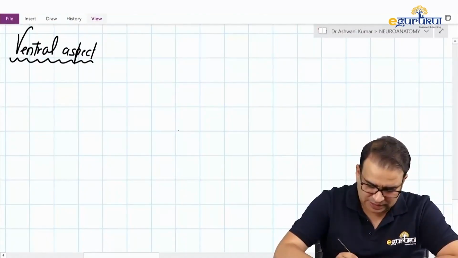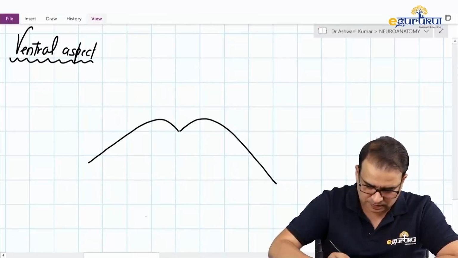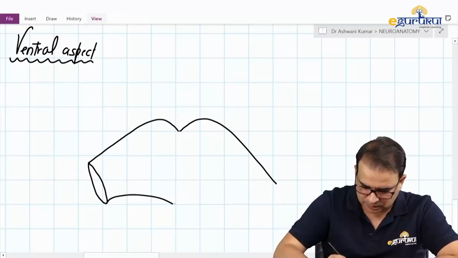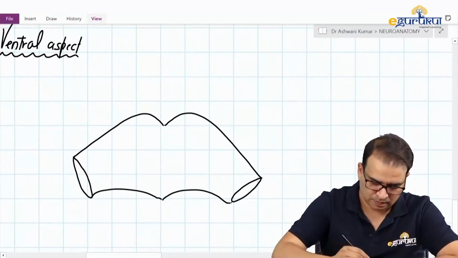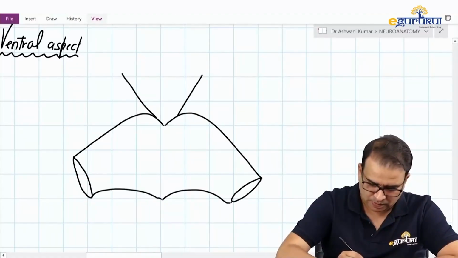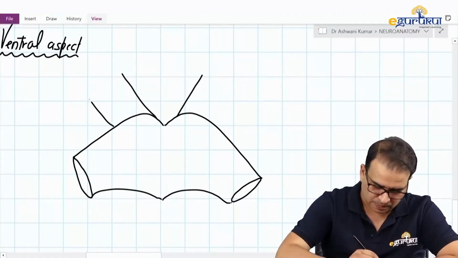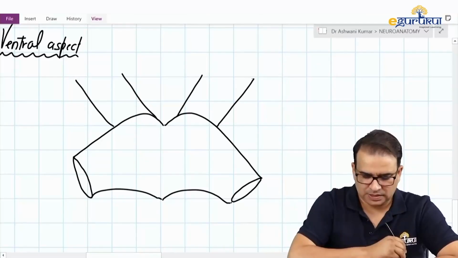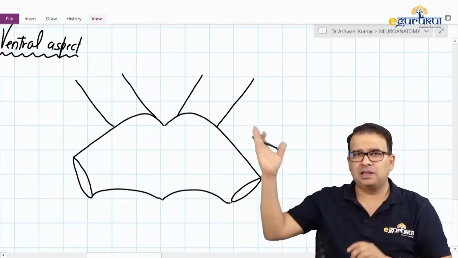Let's say this here is the pons, and here is the cerebral peduncle. The cerebral peduncle is part of the midbrain.